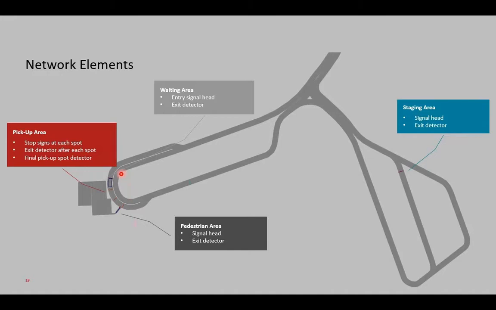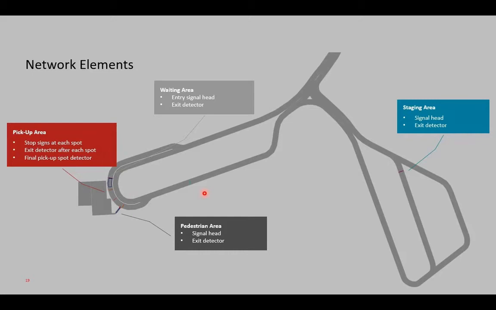And then the pickup area itself, to model this, we actually used stop signs to park the vehicles at each of the spots. And each of these stop signs will have a signal group associated with it, so we can still turn it on and off. And then we can also set a dwell time on those stop signs, which I'll talk about more on the next slide.